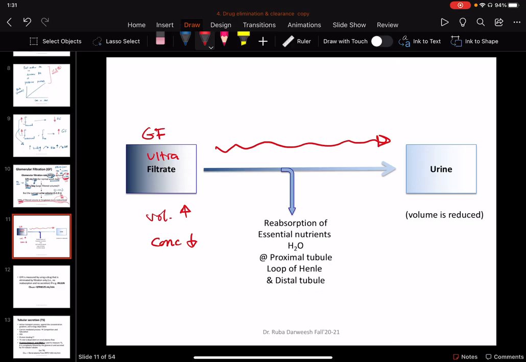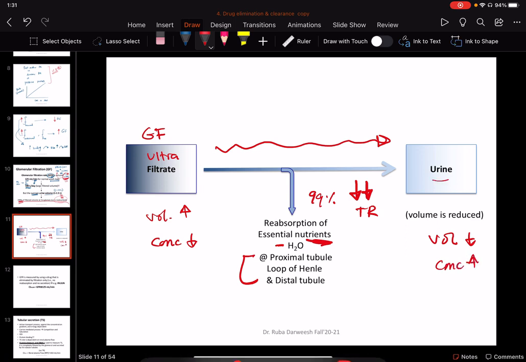But after the reabsorption, 99% of the volume that is filtered will go through reabsorption. That includes essential nutrients and water, which at different tubules go through tubular reabsorption. So the total volume will be decreased, and the concentration of the material inside the fluid, which is now called the urine, will be increasing.